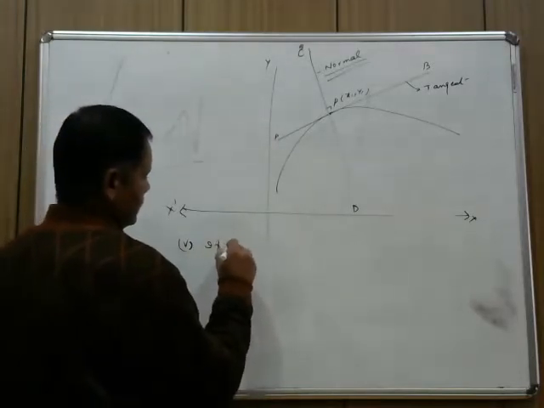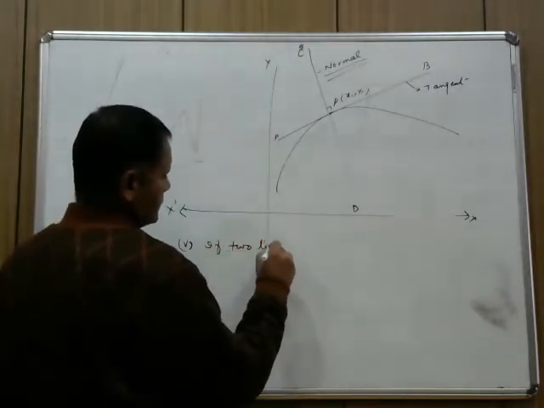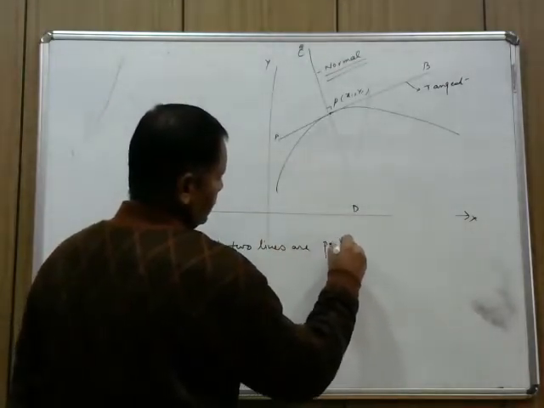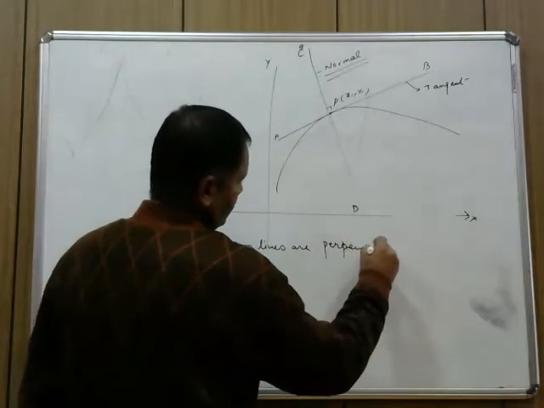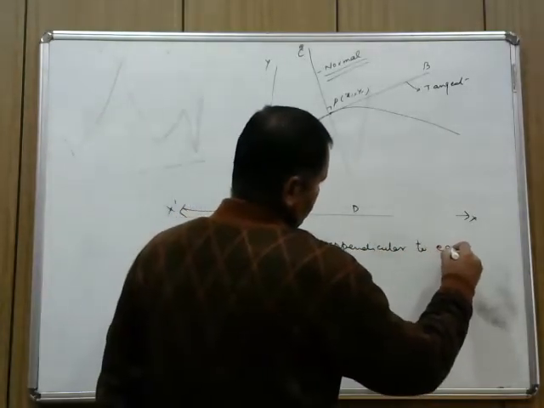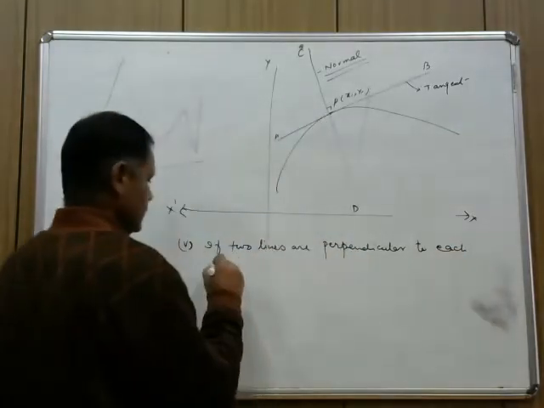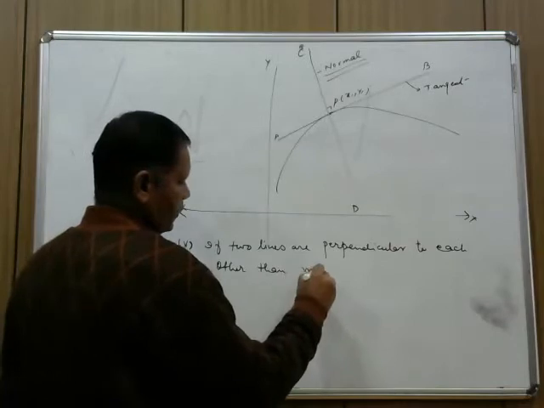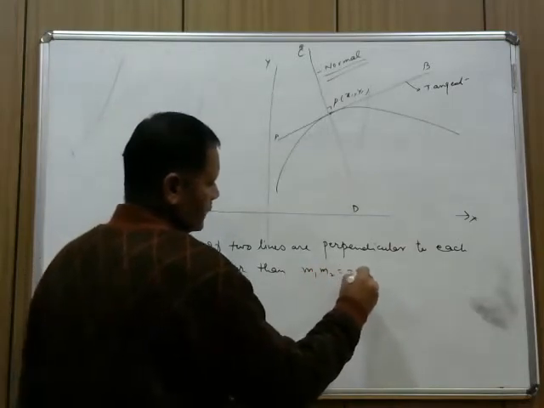If two lines are perpendicular to each other, then m1 into m2 is equal to minus 1.